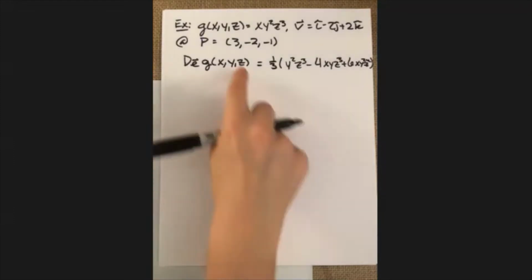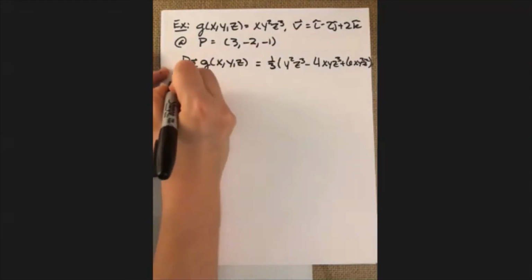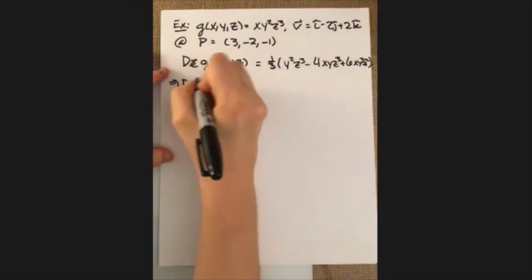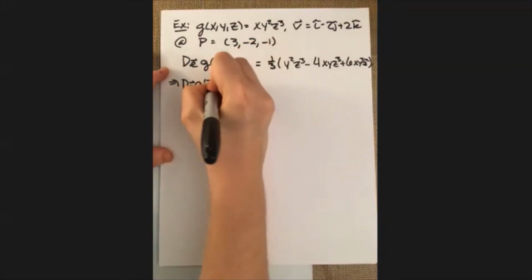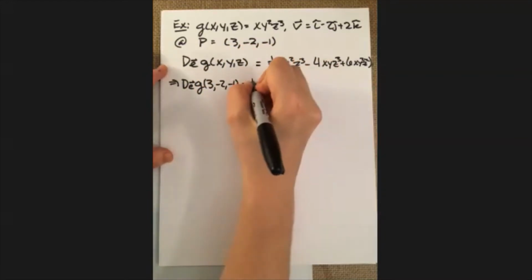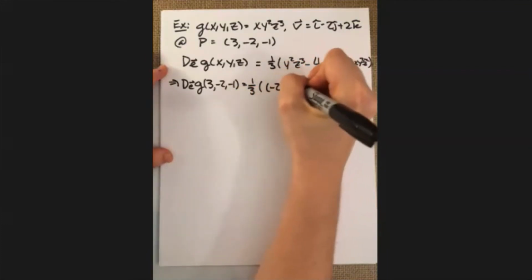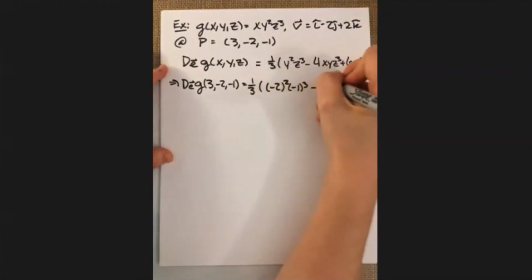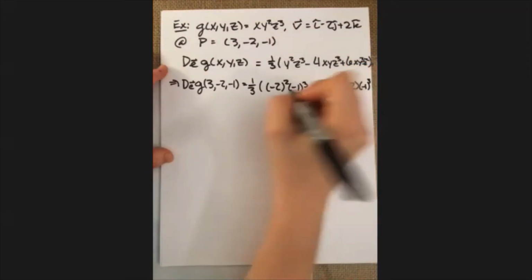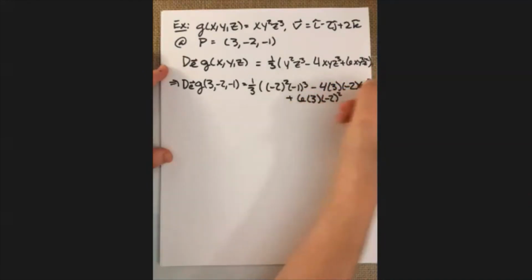So all we have to do now, since we've already computed this part, is plug in the points that we've been given. So we're going to find that directional derivative at (3, -2, -1). That's going to be equal to 1/3 times (-2) squared times (-1) cubed minus 4 times 3 times -2 times (-1) cubed, and then plus 6 times 3 times (-2) squared times (-1) squared as well.